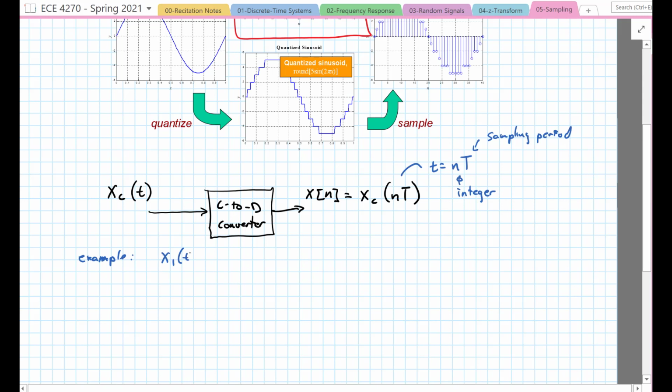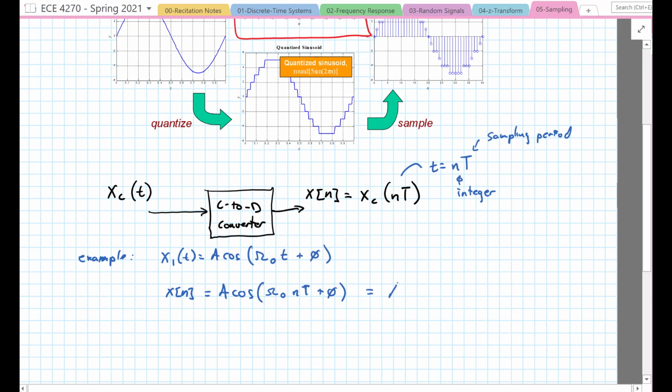We'll say x1 of t is equal to A cosine Omega naught t, and we'll use capital Omega here, following the notation of the text for continuous time signals. Then when we sample it using our C to D converter, we get A cosine Omega naught, and now where we had a t, we now have nT, plus phi.